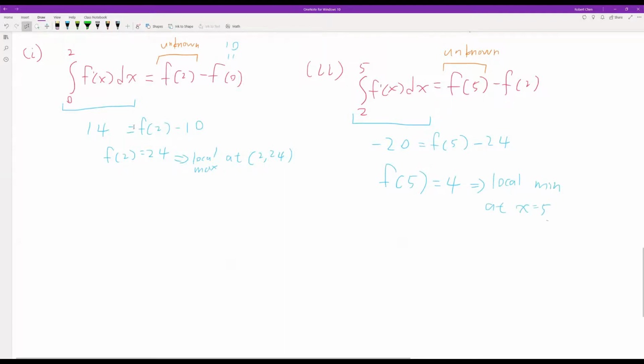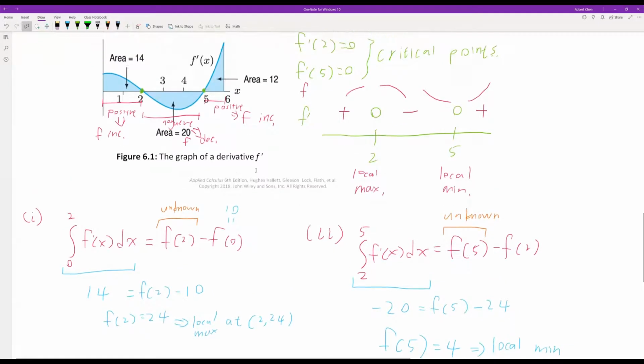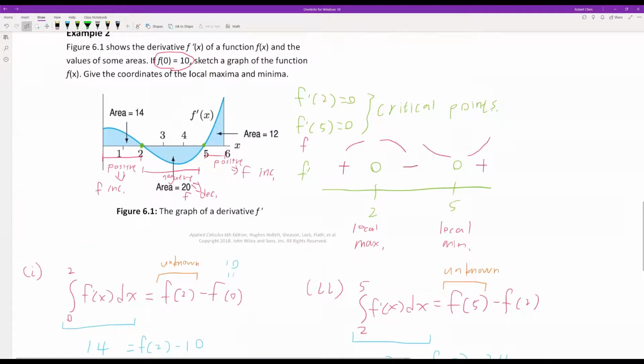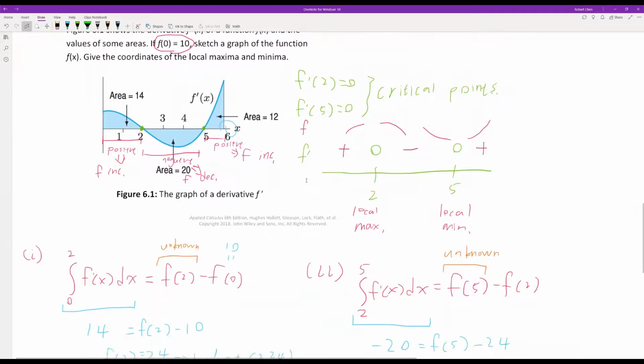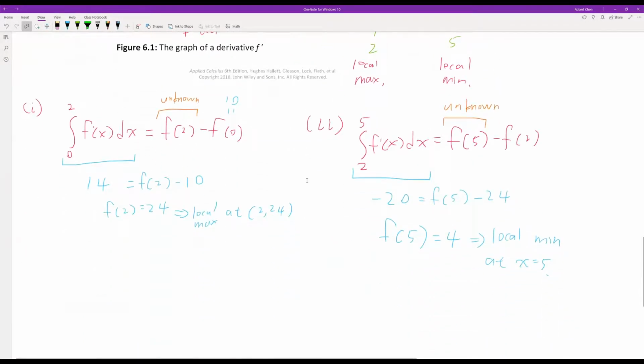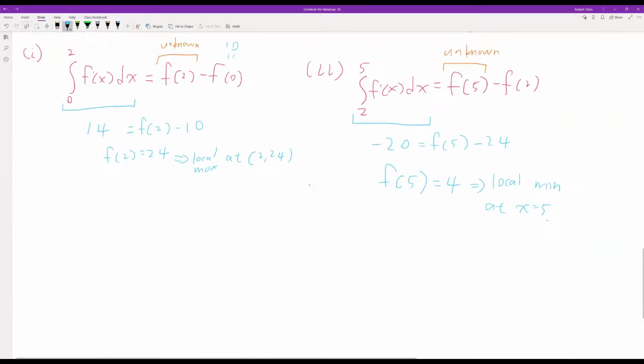Now, last but not least, we also need probably one more point, which is the endpoint 6. We want to find the function value for x equal to 6 in order for us to complete the graph, because that's one of the endpoints. So we can do the same idea, going from 5 to 6, which is a definite integral of f prime from 5 to 6.